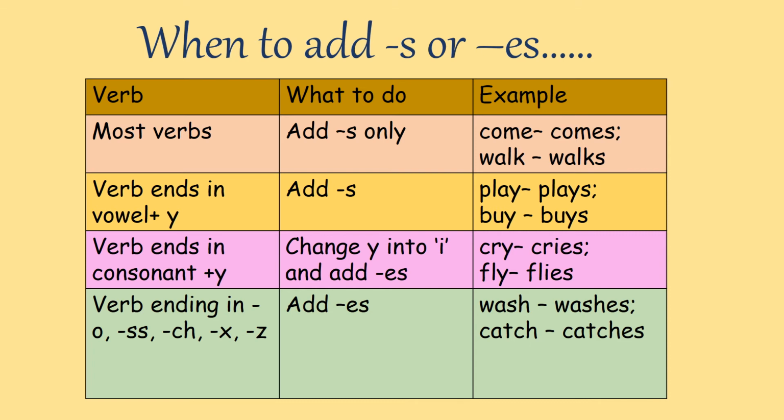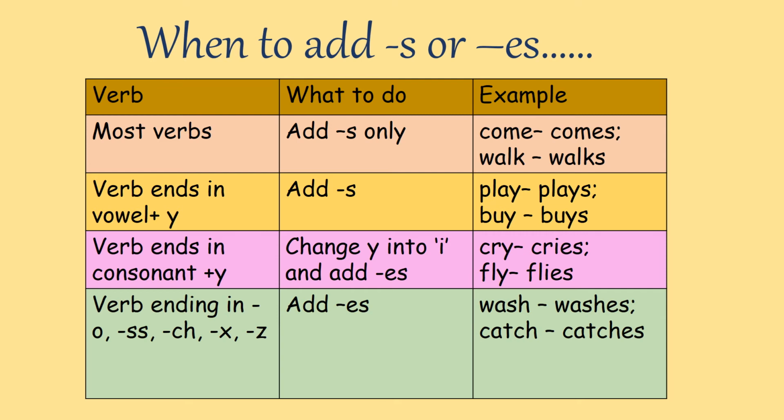So there are some tricks, some key points to remember regarding this, which will help you. Number one, for most verbs, we add S, simply an S to the base verb, to the first form of the verb. For example, come, you add an S and it becomes comes. Walk, you add an S and it becomes walks.